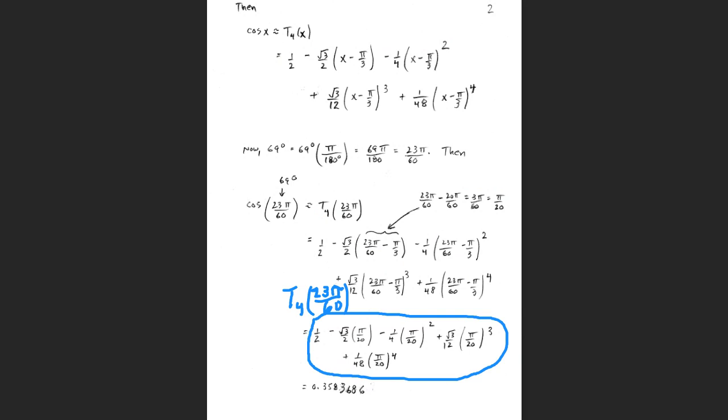Could we use the alternating series estimation theorem to help us here? Do we have an alternating series? Well, I want to be a little careful here. Is our polynomial estimate alternating?